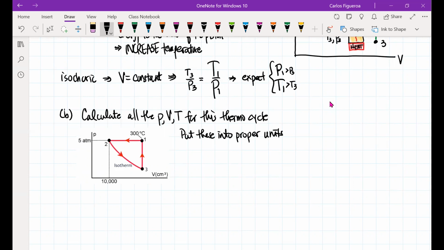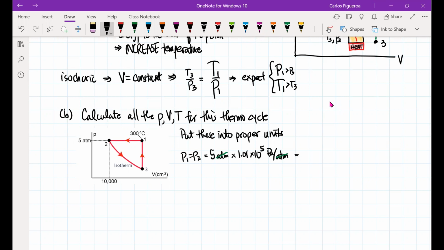So here we go. Look at the pressure. It's in atmospheres. Note that the pressure at 1 is the same as the pressure at 2 because that's isobaric. So I have to convert this to pascals. And you can see again that there's a cancellation.